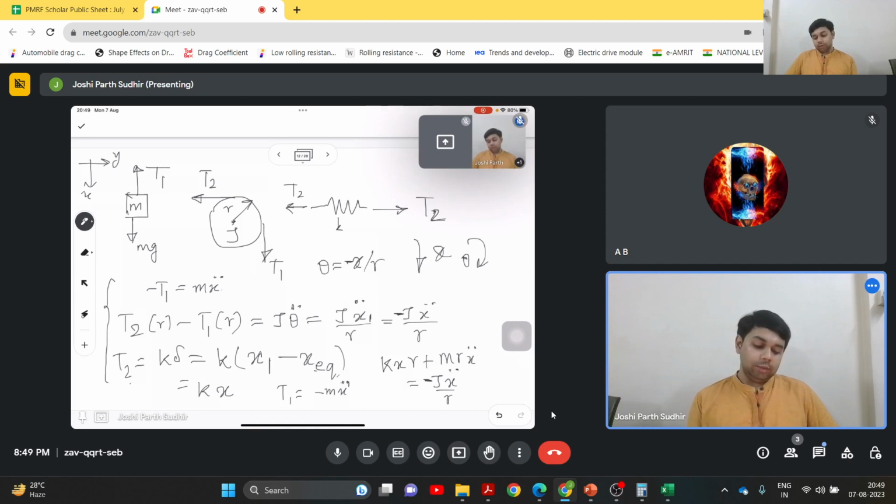So we got T2 in terms of the motion x, then T1 in terms of the motion of the small mass x, and on the right hand side we have the term J theta double dot, which we also know in terms of x.